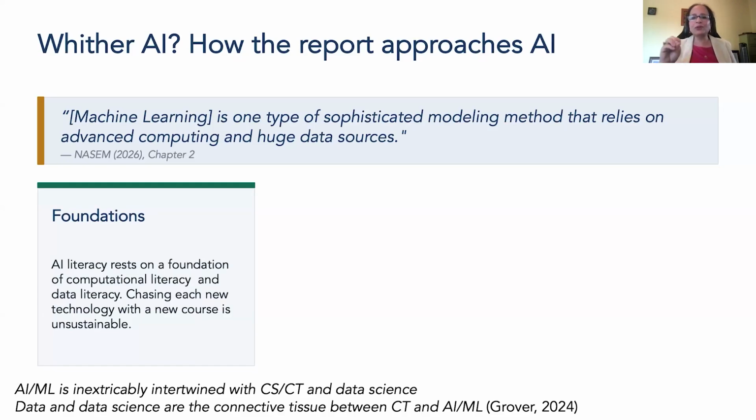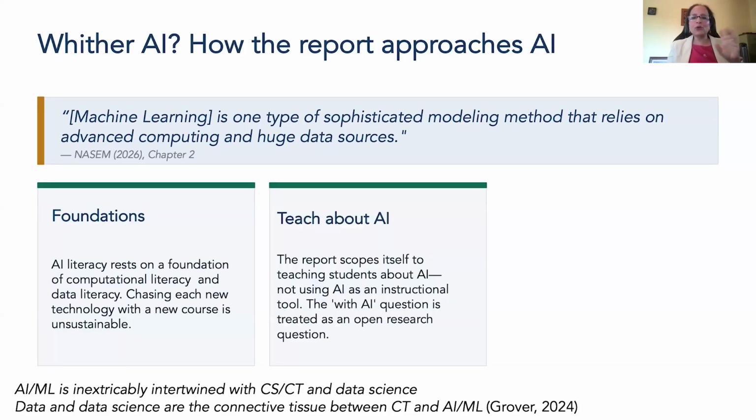And so the report talks about ML as a kind of modeling technique that relies on compute and data. And the current AI revolution is machine learning. It basically rests on a foundation of data and computing. And there can be no AI/ML literacy without data literacy and computational literacy.